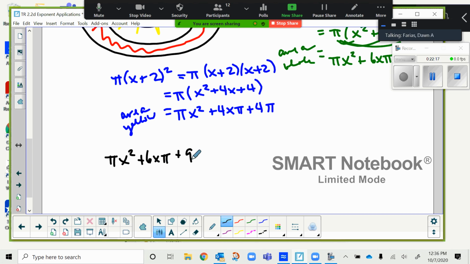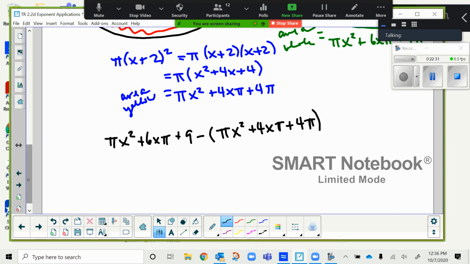And we're going to subtract all of the yellow stuff, pi x squared plus 4x pi plus 4 pi. So you distribute that negative.